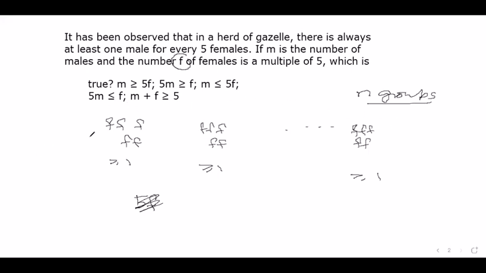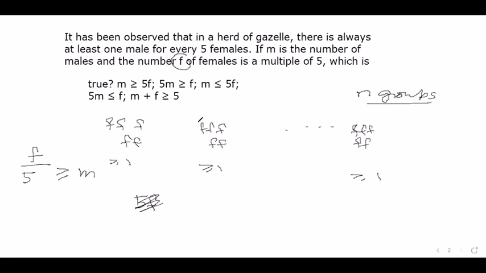So the total number of females altogether is F, and there are F over 5 groups here. And each group has at least one male. So you will have F over 5 is greater than or equal to M. So this is the equation that comes out from this.